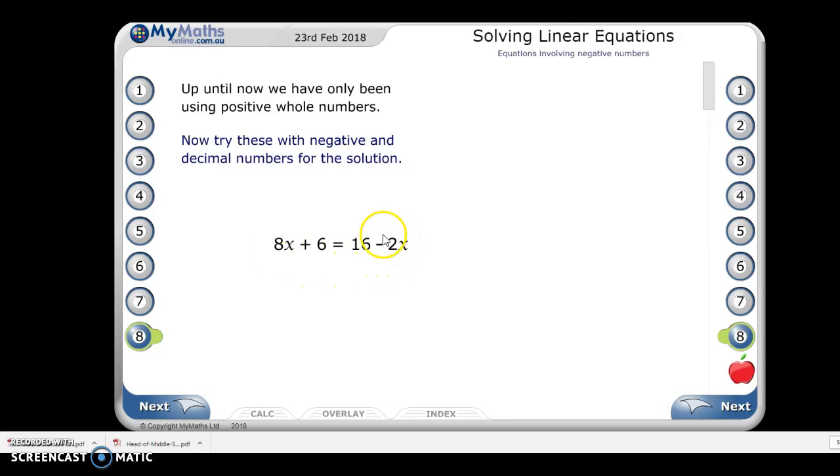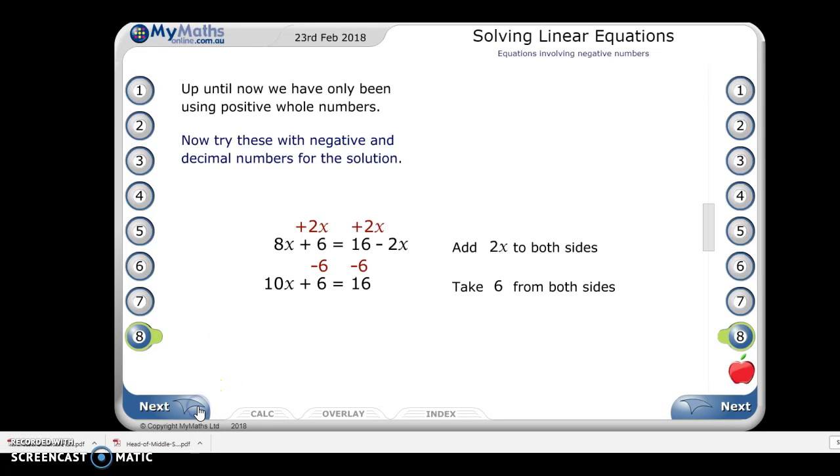So I have to think, well, how do I get rid of it? Minus 2x is certainly lower than 8x. So what I would do to get rid of the minus 2x is add 2x to both sides, and then we just work through the problem as we normally would.